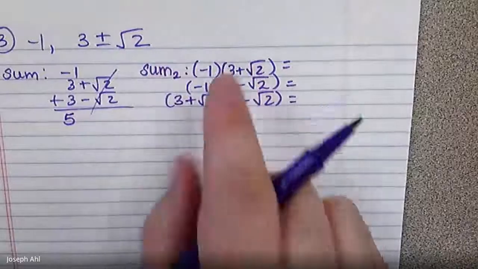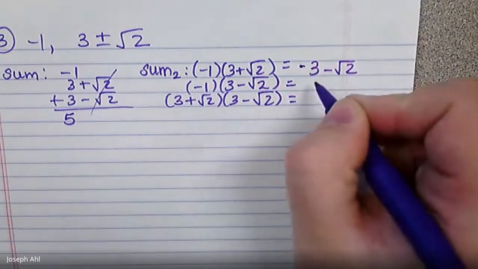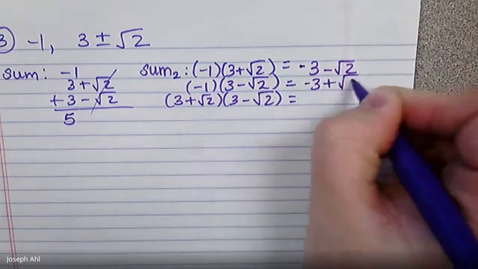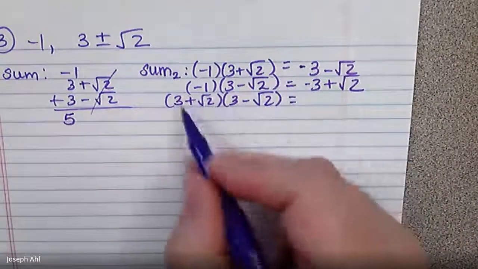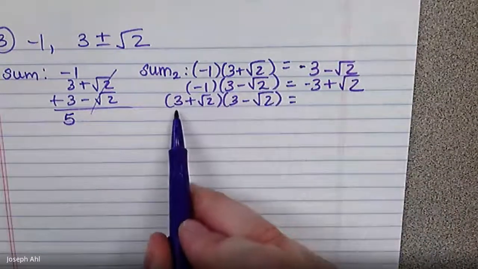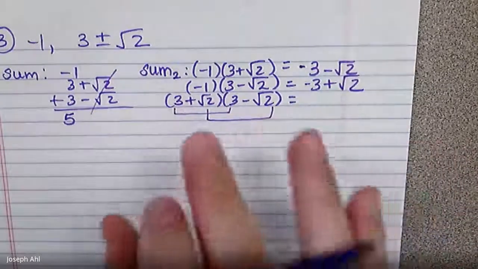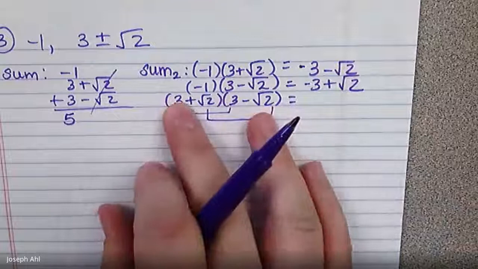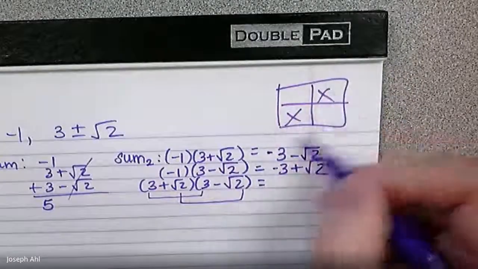Okay, so for the sum 2 at a time, distribute those negative ones: negative 3 minus radical 2, negative 3 plus radical 2. And then from there, I multiply the conjugate pair together. You'll find that the outside-inside products cancel all the time. So for those of you who are box methoders, these two are going to cancel out.